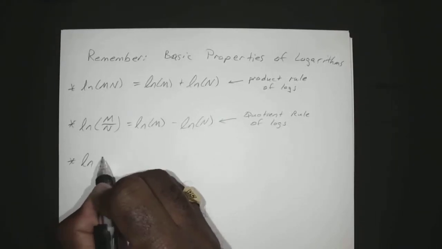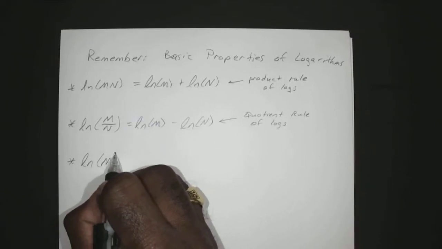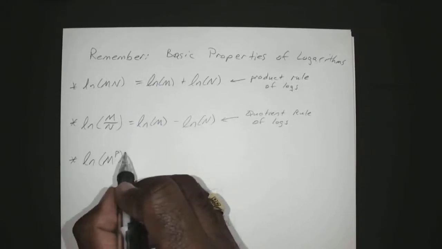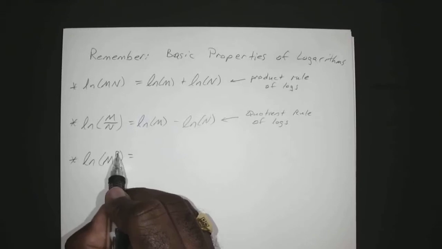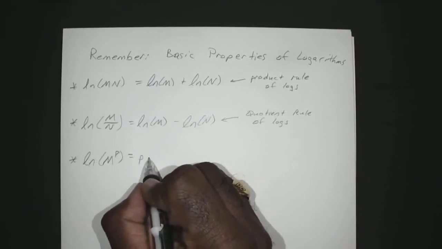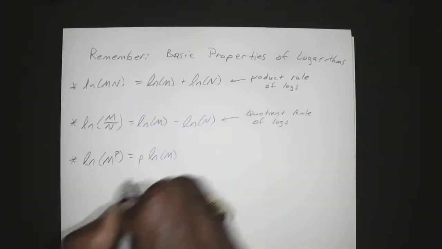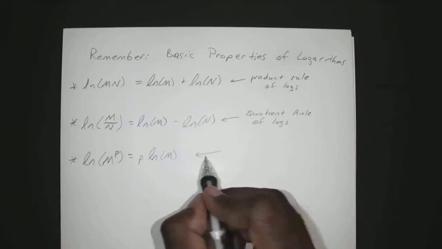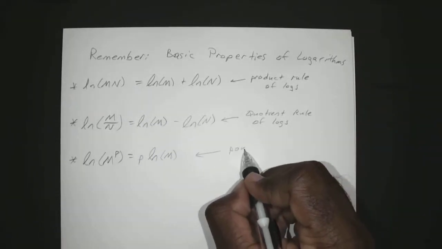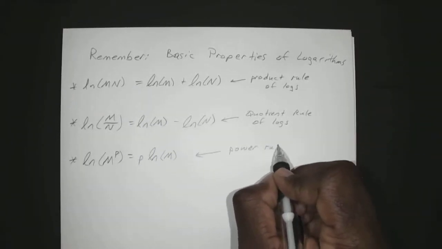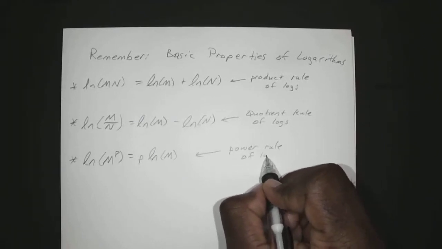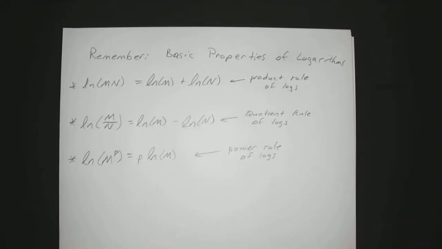And if you have the natural log of some m raised to the power of p, you just bring that exponent down to the front, and that's the power rule of logarithms. Okay.